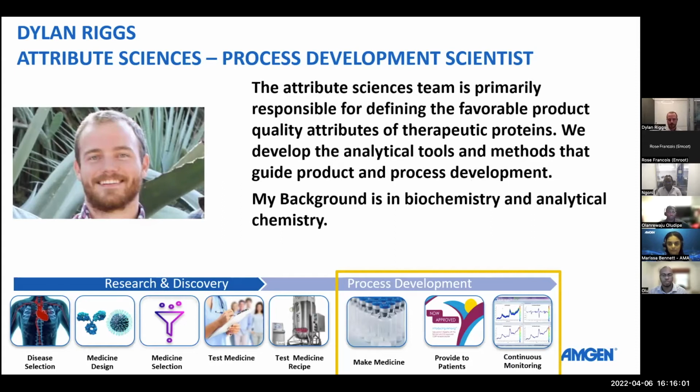We use that information to develop methods so we can better monitor the status of a molecule. And as we change the process, we're feeding that information back to our drug substance and our drug product colleagues and saying, here's what's really working well in the process, and maybe here's where we have some gaps, or here's things that we need to keep an eye on.